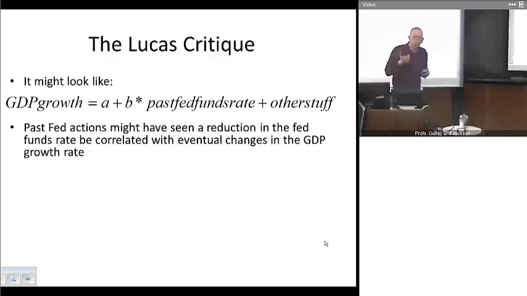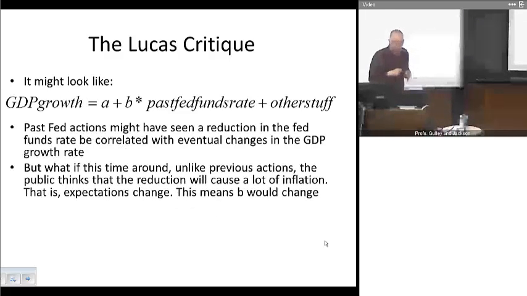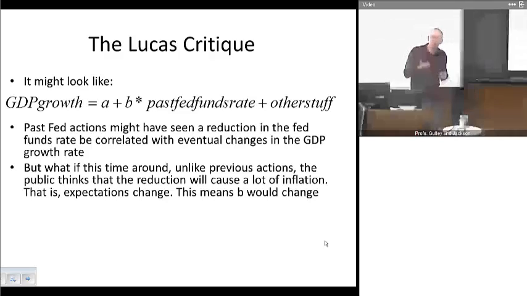Well, we might have observed from this past behavior that reductions in the federal funds rate would tend to be correlated with eventual increases in real GDP. But suppose this time around, when the Fed pursues an expansionary policy, what happens if people's expectations change? Particularly, suppose they expect a lot of inflation.